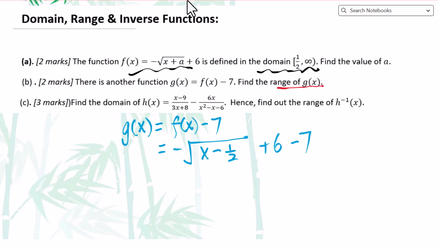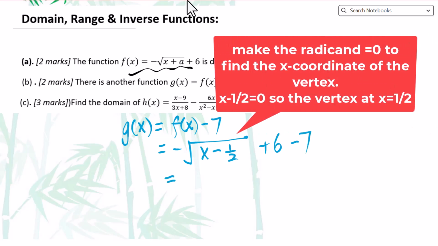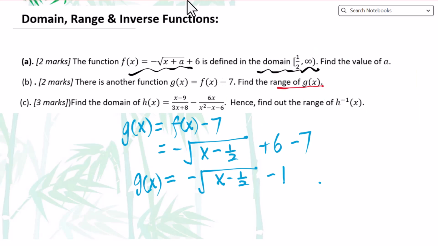Then minus 7. Combine like terms. We got g of x equals negative square root x minus 1/2 minus 1. Now, we will put this into calculator to figure out the range.